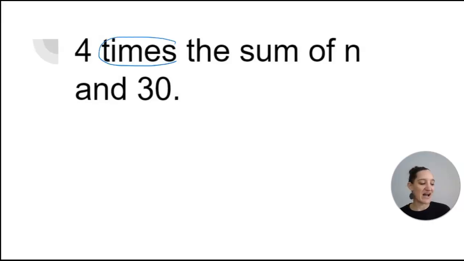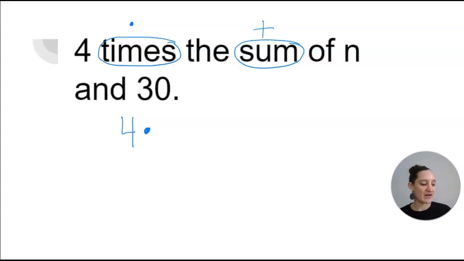So let's practice. 4 times the sum of n and 30. I want us to circle times. We know that means we're going to multiply. And we know that sum means we're going to add. To make sure that we find the sum of n and 30, we're going to put that in parentheses. So we're finding the sum of n and 30 and then 4 times that.